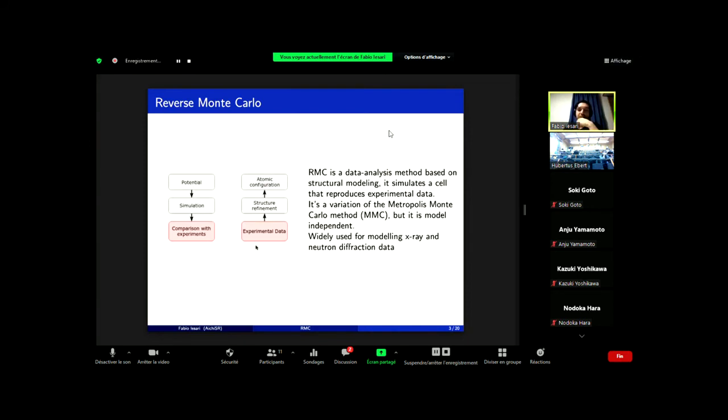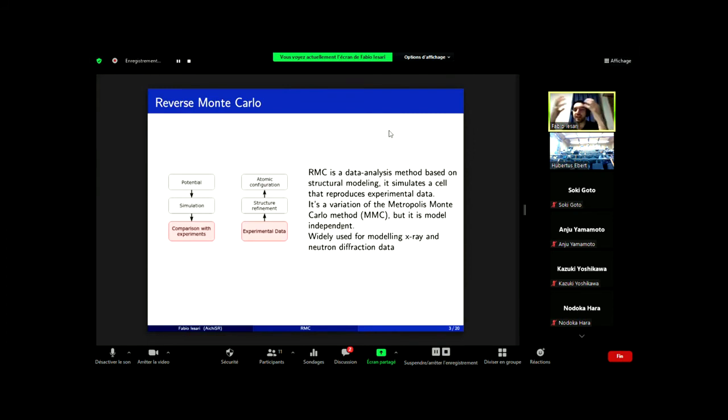Instead, reverse Monte Carlo won't use the same idea, but we want to use the experimental data to move the structure. So to do that, we use the experimental data, and then we apply the same Metropolis Monte Carlo algorithm, and in the end we obtain a configuration that minimizes the difference from our experimental data, in the sense that the signal calculated from the computer cell is the same, within statistical noise, of course, as the experimental data that we obtain.